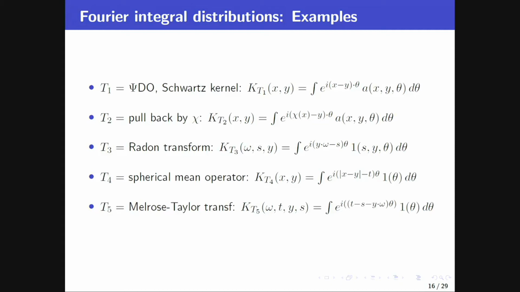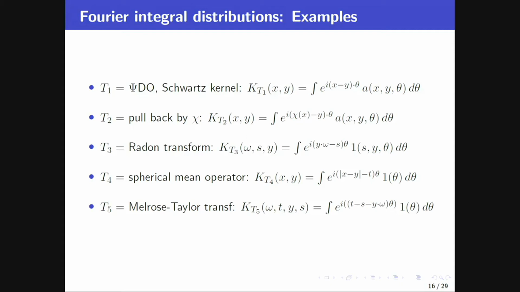So let's review, because we're going to work a lot with this today. Let's review the operators from yesterday. The first slides from yesterday are online. You can look over them. Psi DOs, the kernels are conormal distributions, x minus y dot theta. The pullback by chi of x minus y, this is non-degenerate. The Radon transform, integral over the hyperplanes, y dot omega minus s.